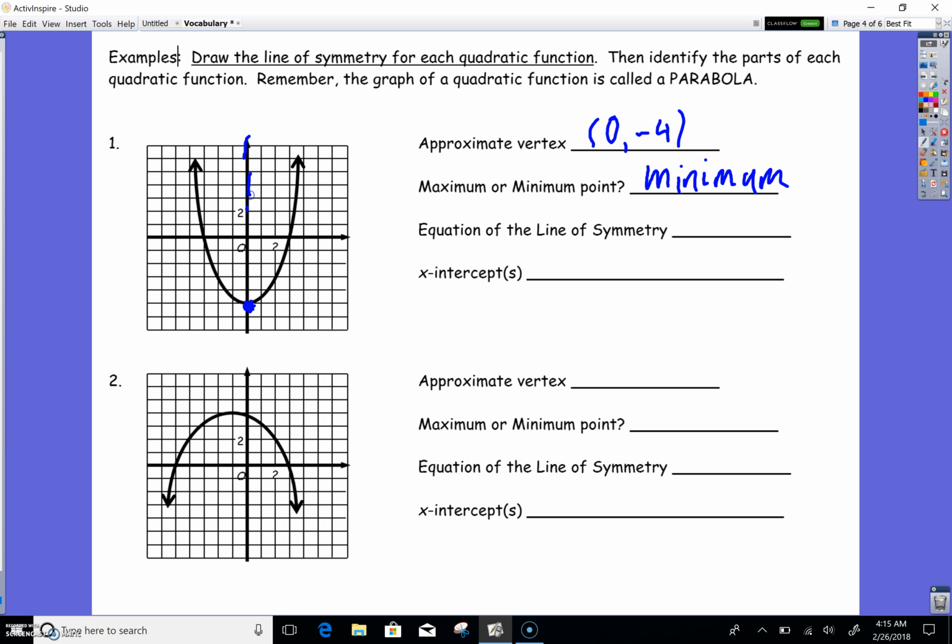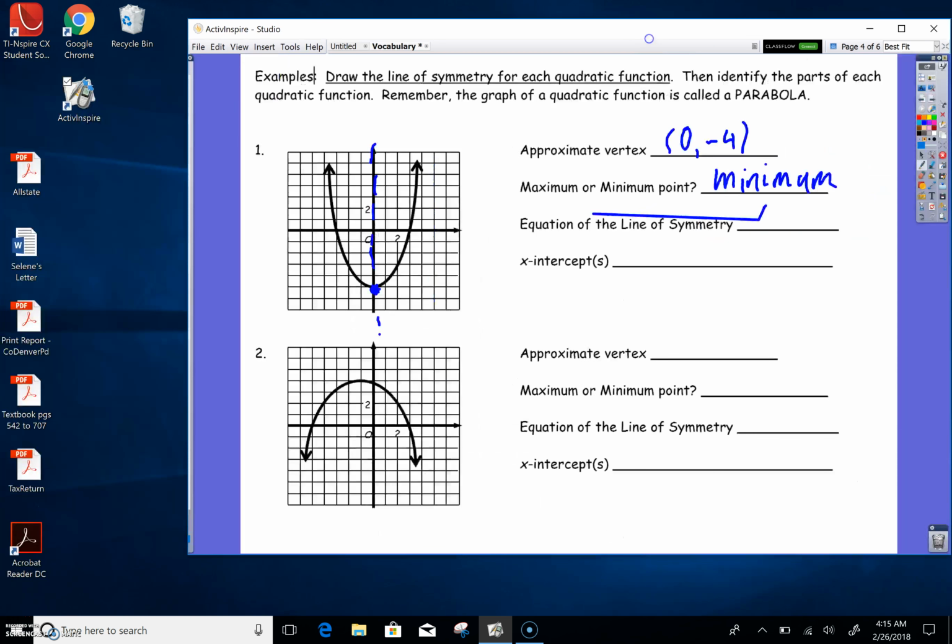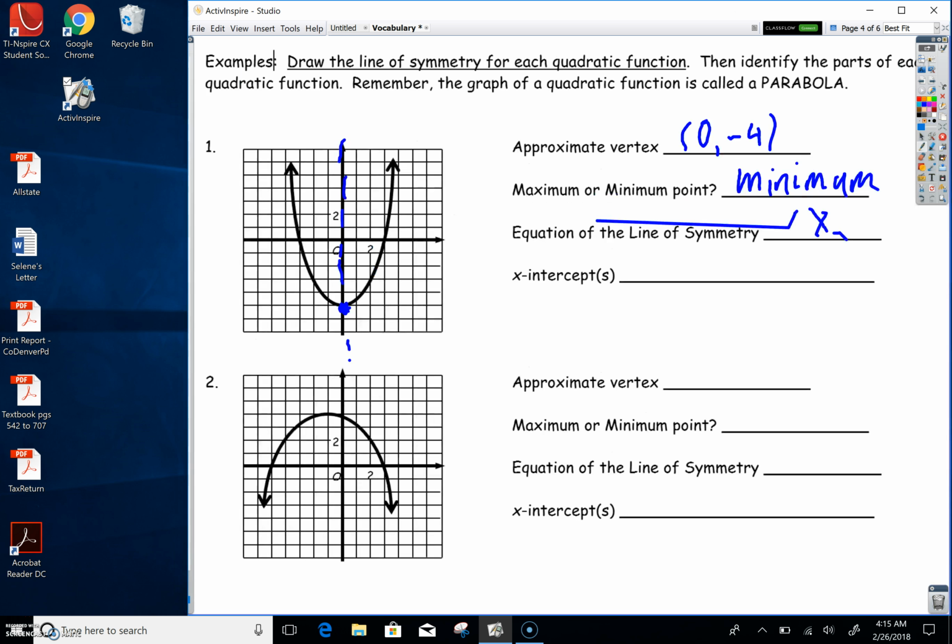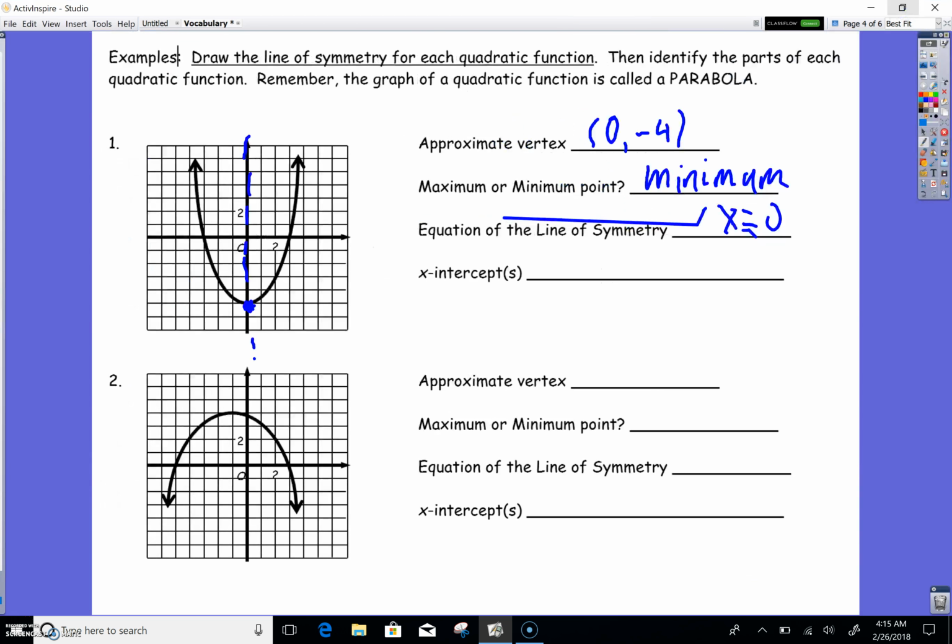The axis of symmetry is right here. So it's directly on 0, so it's x equals 0. The x-intercepts are right here and here. So that is 1, 2, 3. So it's -3, +3.